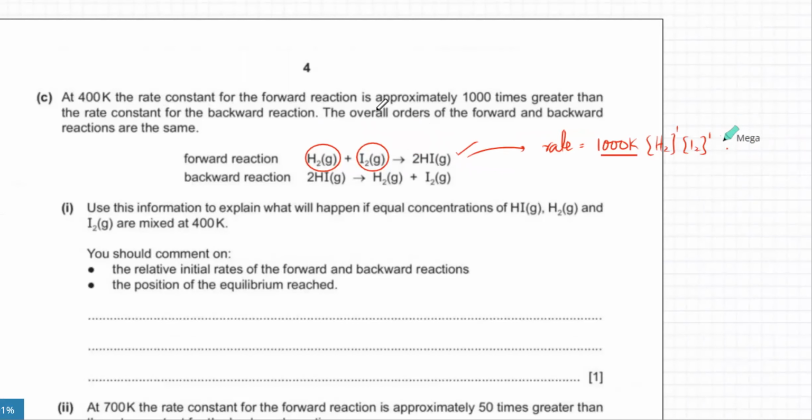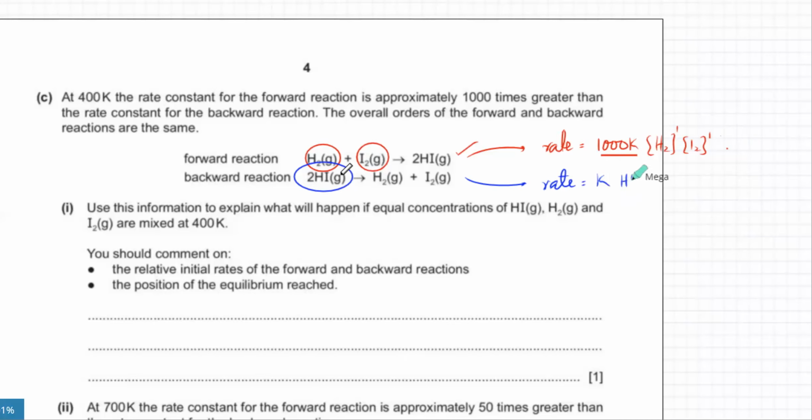Now the backward is the reverse. He's saying that the overall order of the forward and backward reactions are the same. In the backward reaction, there's only one reactant, only HI. So the rate of the backward reaction will depend on only HI.